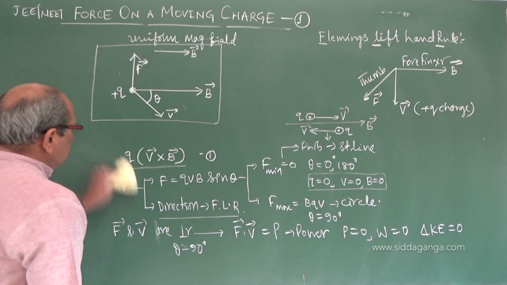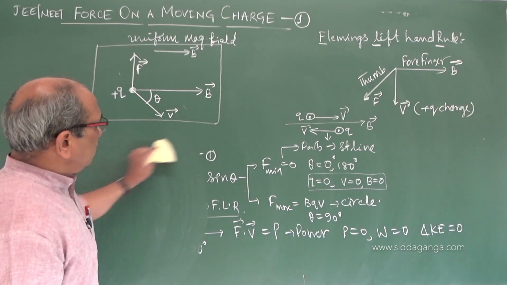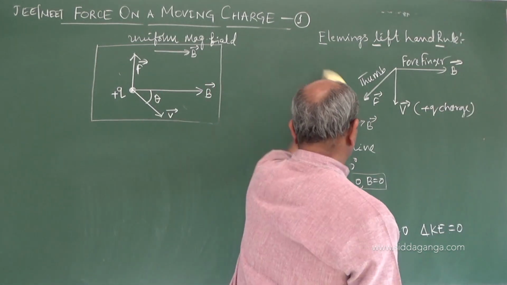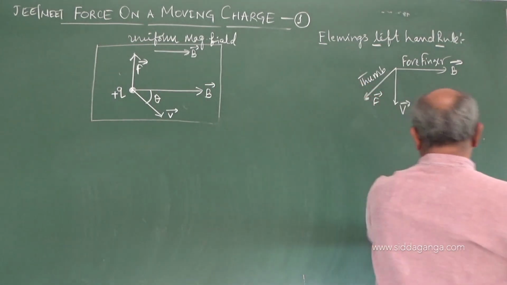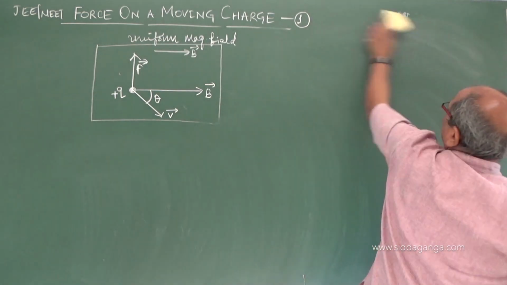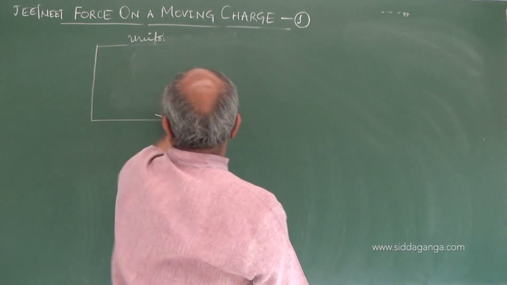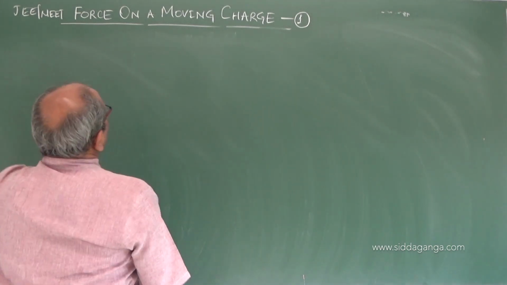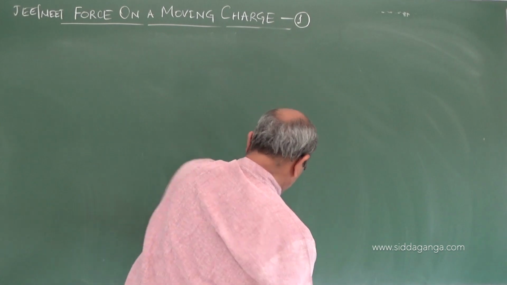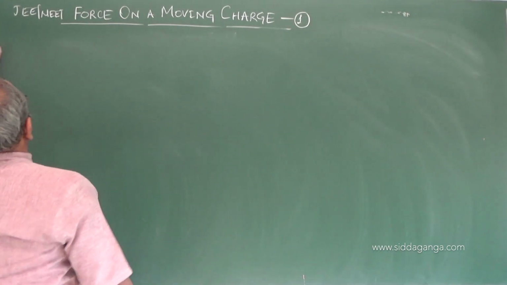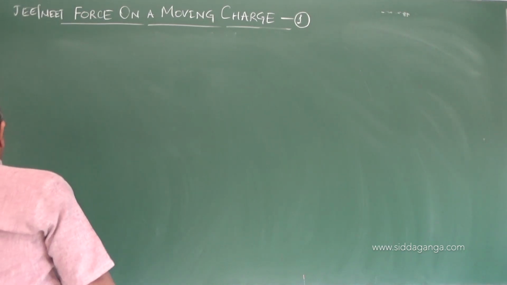So this is called as, let us come to the other part of that. The direction of the force experienced by a charge moving in a magnetic field is given by Fleming's left hand rule.